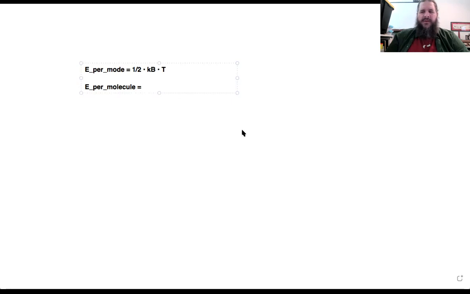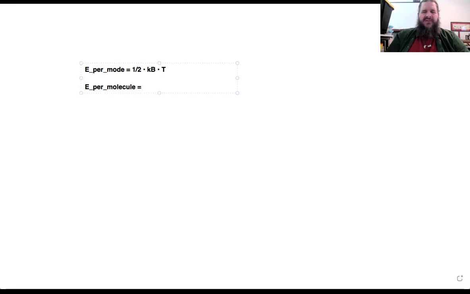Like for instance, let's say we were taking a look at that nitrogen molecule with 7 modes. We know the energy in one mode is 1/2 kBT. How would you figure out the energy in the whole molecule? See how many modes are in the molecule.